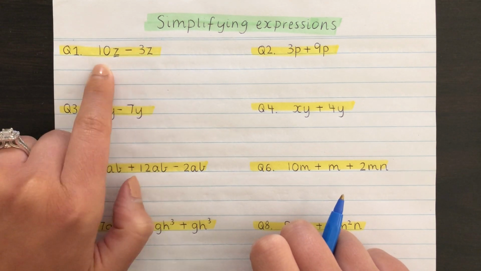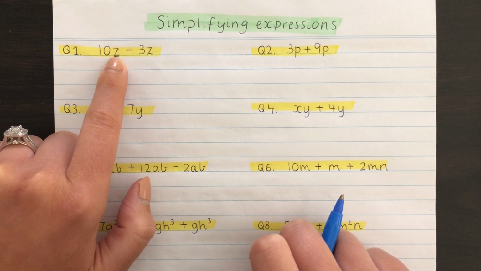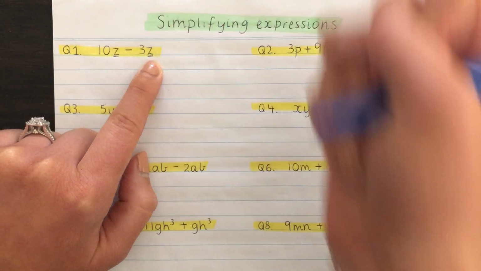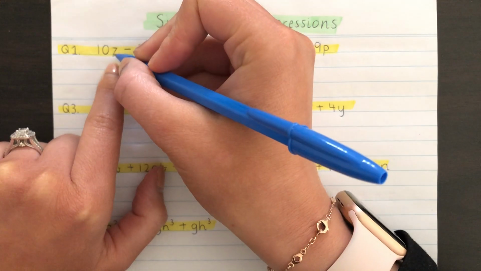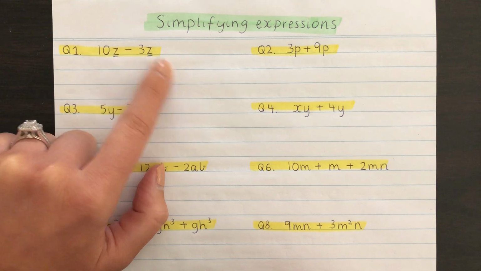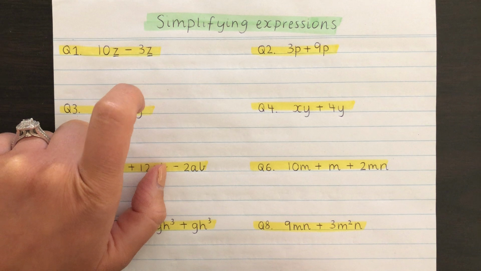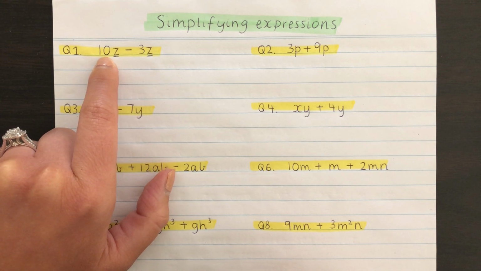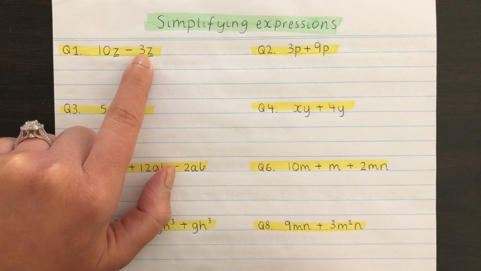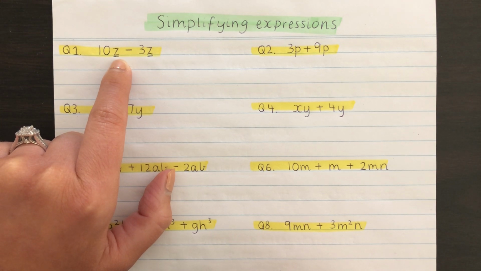The z, which is the pronumeral in this first term, is exactly the same as the z over here. Because there's one z there and one z here, these are like terms. So yes, we are able to subtract these. All you're going to do is 10 minus 3. Whatever that answer is, you write it down and you put the z next to it.